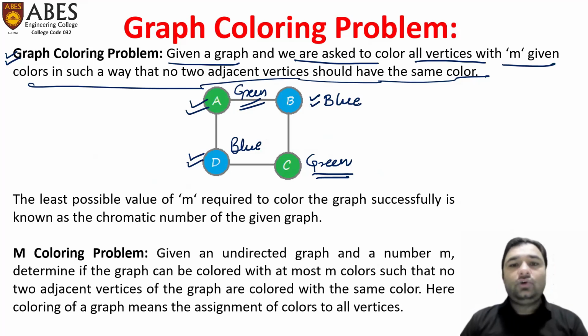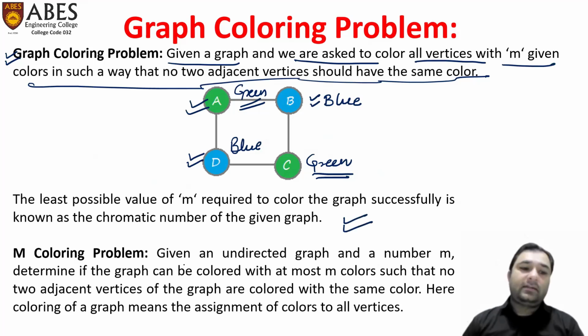We have to ensure that the number of colors used is the minimum, because for this graph we could simply give four colors. So we are given a graph, and we have to color the vertices in such a way that no two adjacent vertices have the same color and it uses the minimum number of colors. That is the M coloring problem.